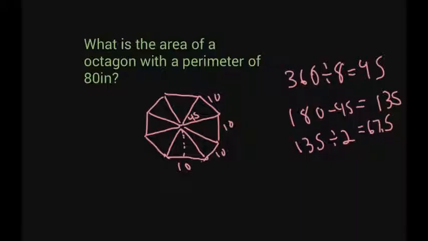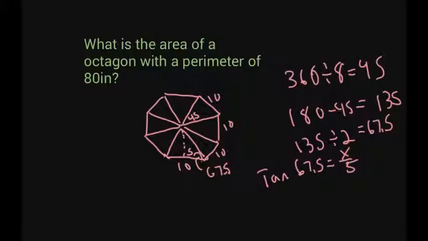So one of these angles down here is 67.5. So that side length, we've got to cut it in half. So that'd be 5. So we do the tangent. So the tangent of 67.5 equals opposite over adjacent. So that'd be x over 5.